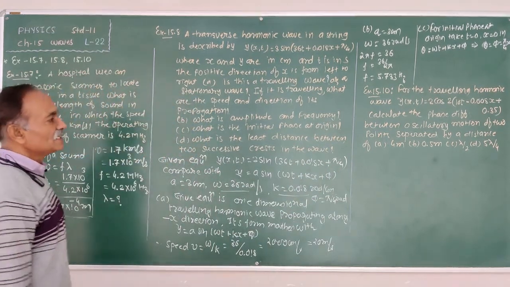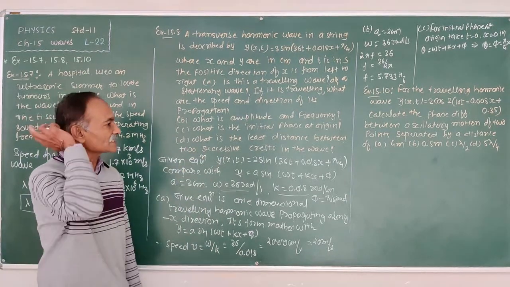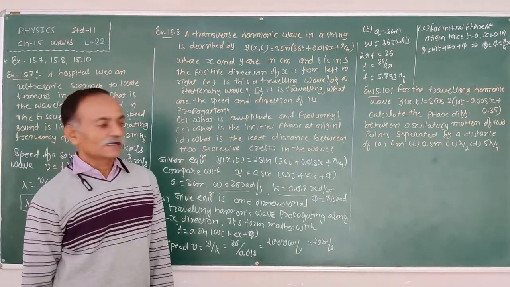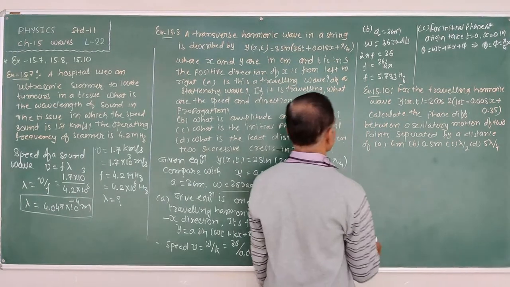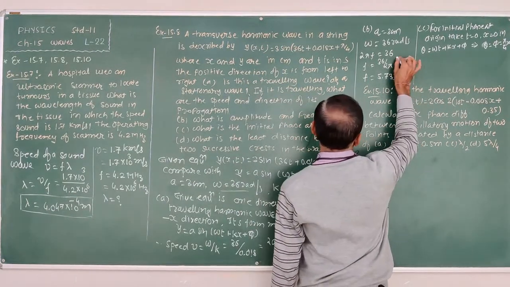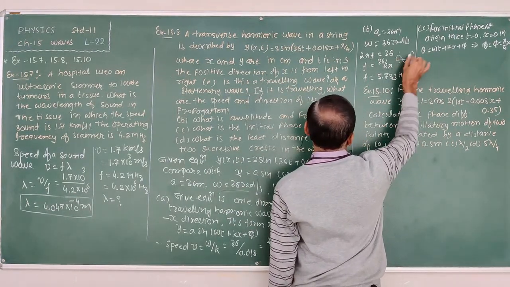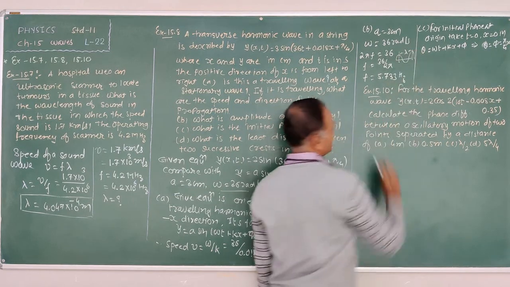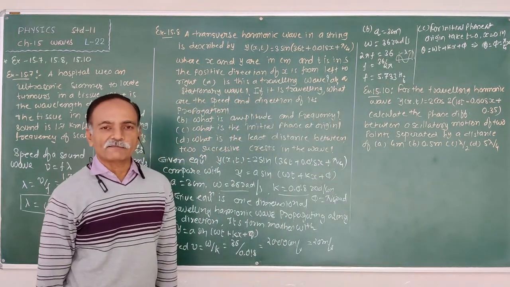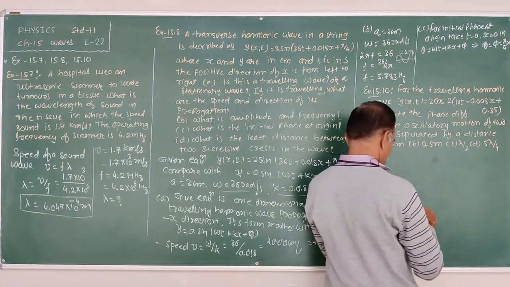Now, section D, list the distance between two successive crests. We know that between two successive crests, the distance is equal to wavelength lambda. Lambda is equal to 2 pi upon k.